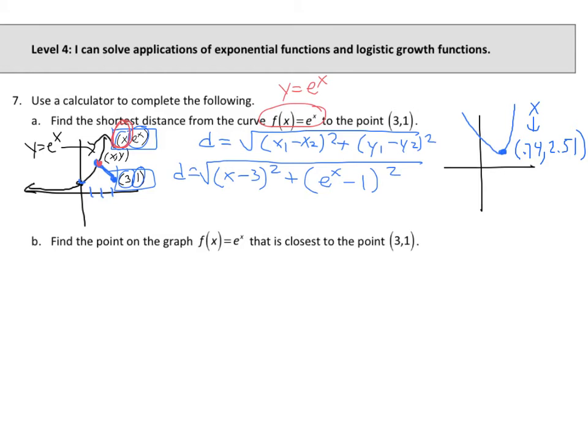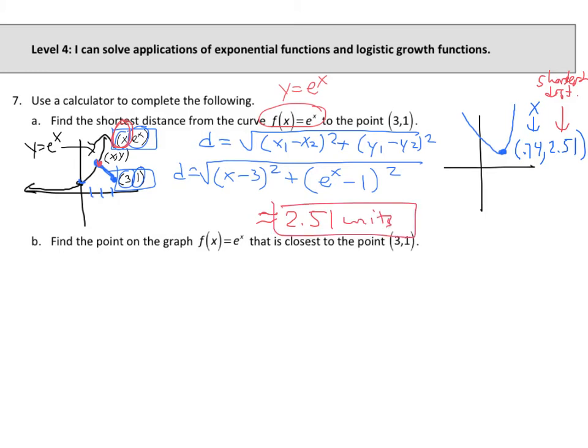The shortest distance is going to be the second number. So the answer to part A, find the shortest distance from the curve to the point, the shortest distance is going to be about 2.51 units.